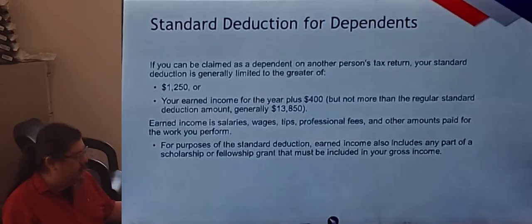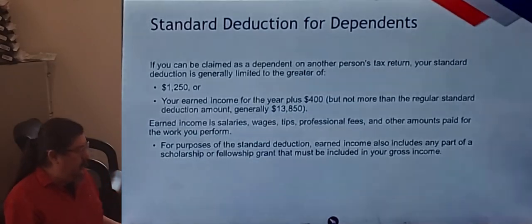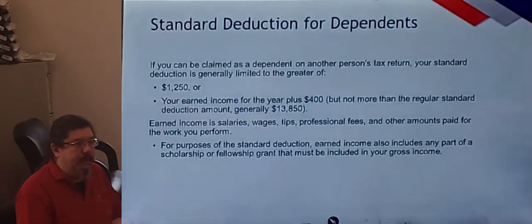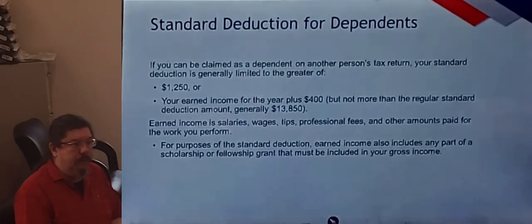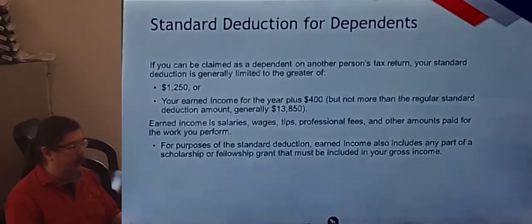Okay, standard deduction for dependents. If you can be claimed as someone's dependent, your standard deduction is equal to your earned income plus $400. But there's also a minimum and a maximum.